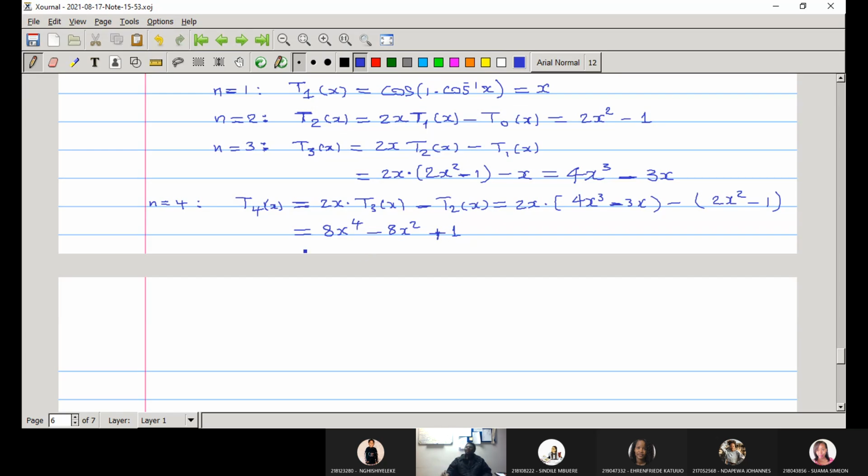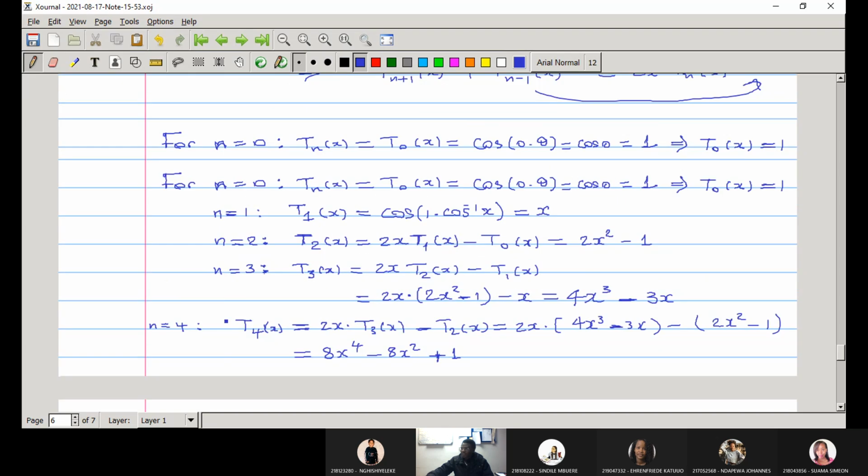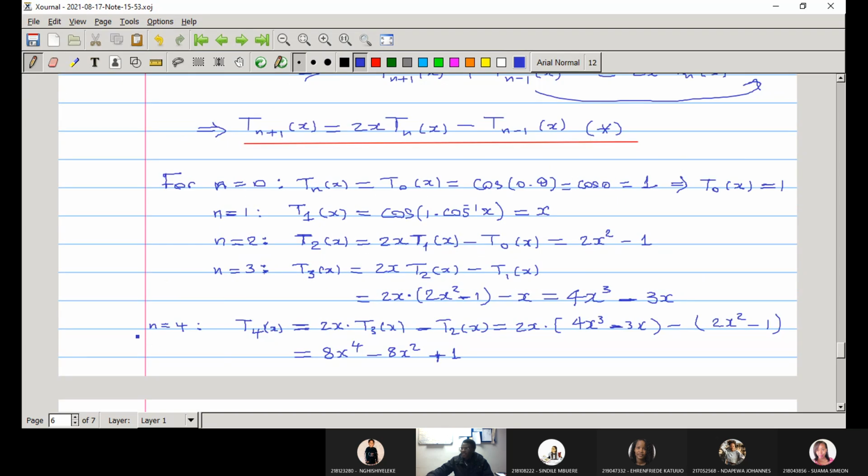So the remark that I wanted to make here is that when n is an even number, you have a constant term at the end. For all the polynomials, you get this constant term. Not necessarily 1, but it will be a constant term, right?